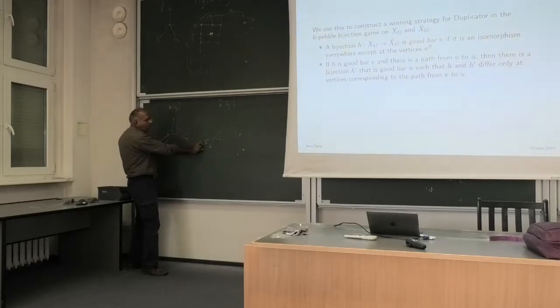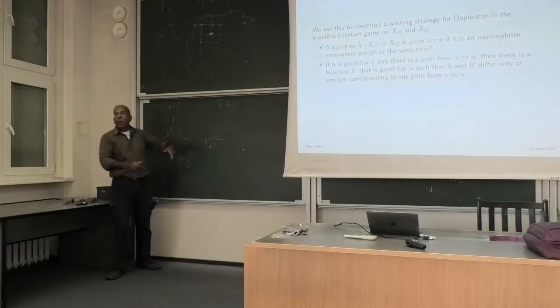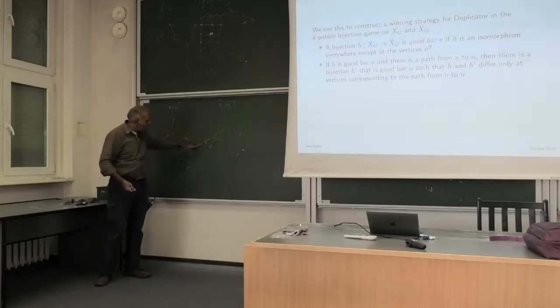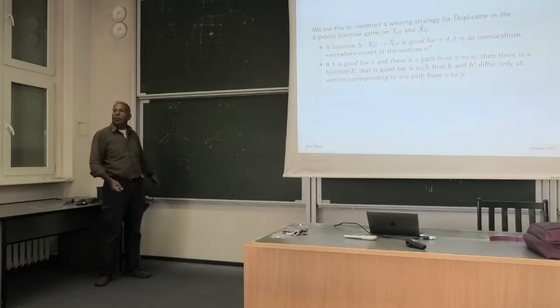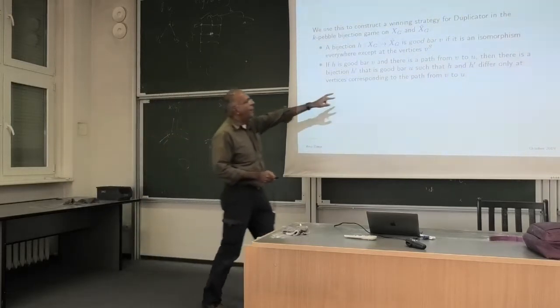But in order to change that, I have to change the other endpoint of this edge, which changes another gadget. And I have to change the next one. Essentially, I have to follow along a path, because at any gadget, I can change any two, but not all three, or not just one. So I can move this inconsistency anywhere along a path and move it somewhere else to get a bijection which is good everywhere except at U.